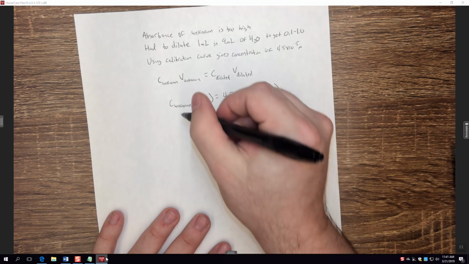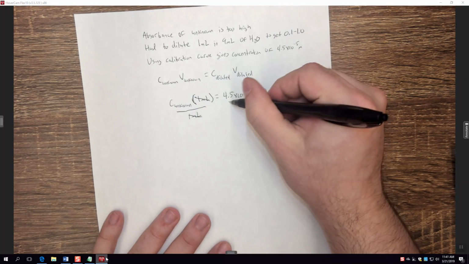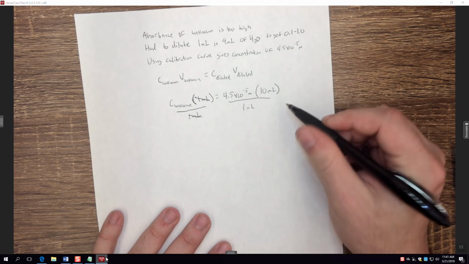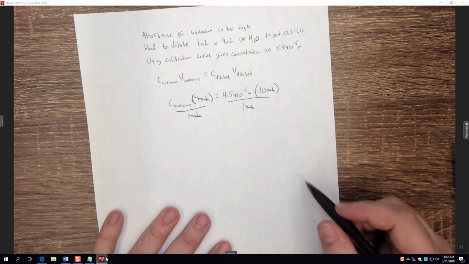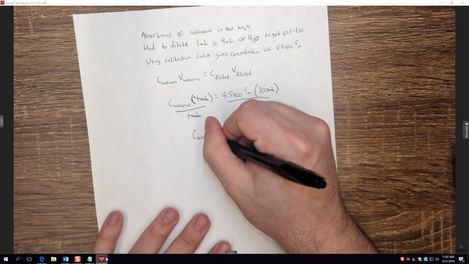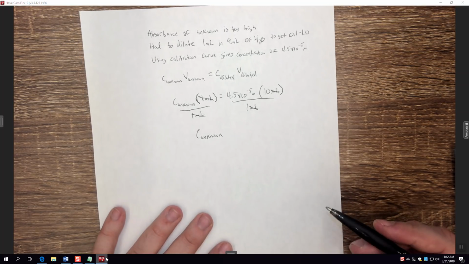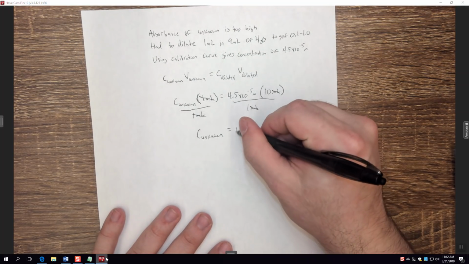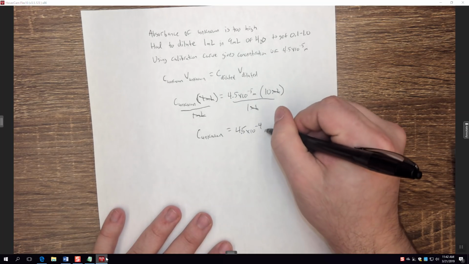So if we divide both sides by 1 ml, it'll cancel out on this side, and on this side we're essentially multiplying by 10 and dividing by 1, but our units of milliliters will cancel out, which is important. So we'll find that the concentration of our unknown, the initial sample that's provided in the lab, and the number that we need to report, is 4.5 times 10 to the minus 4 molal.